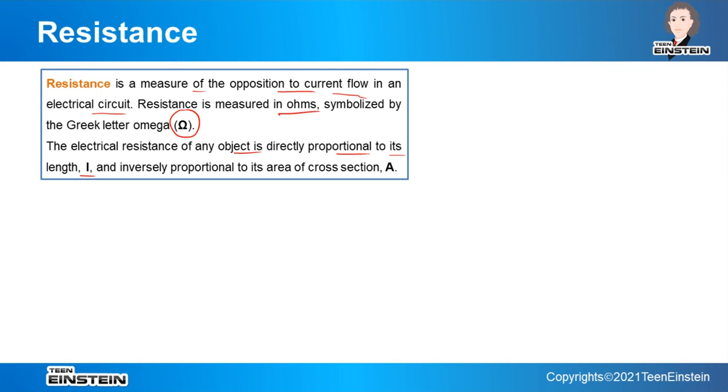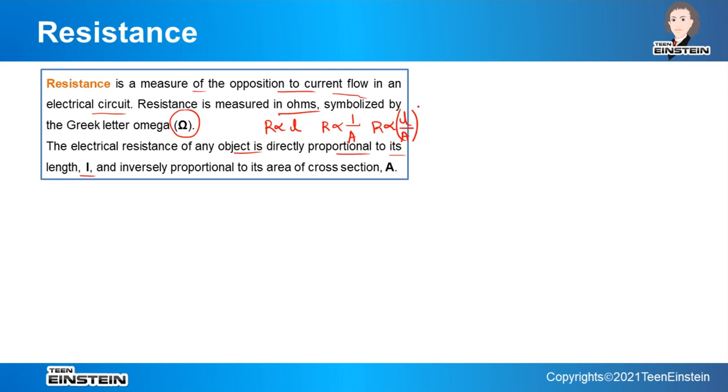So suppose there is any object which is having length L and area A, so this resistance R will be directly proportional to L and it will be inversely proportional to 1 by A. So adding these two, what we can write? We can write that R is proportional to L by A, and this L by A is known as cell constant, that is length per area.